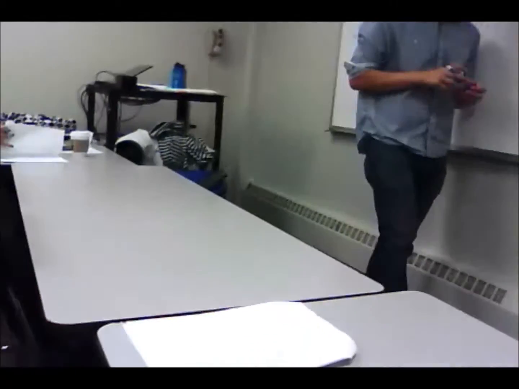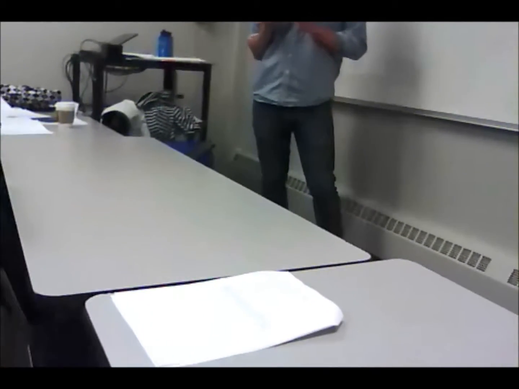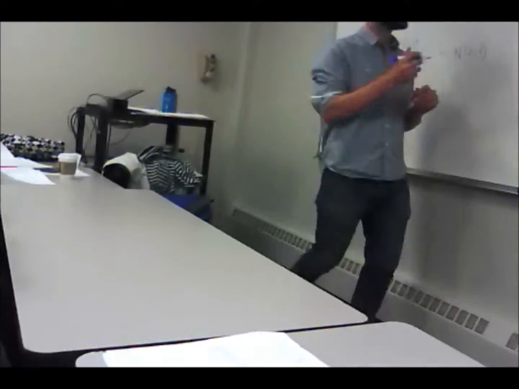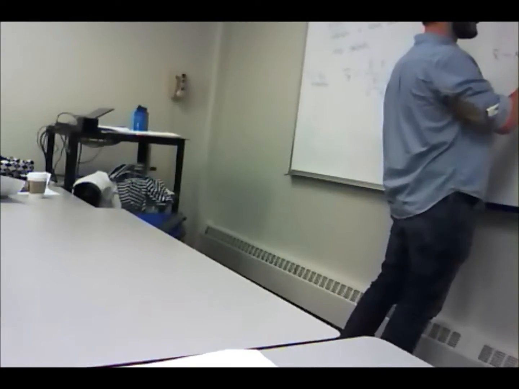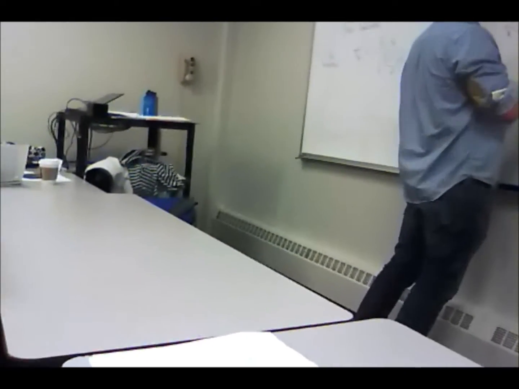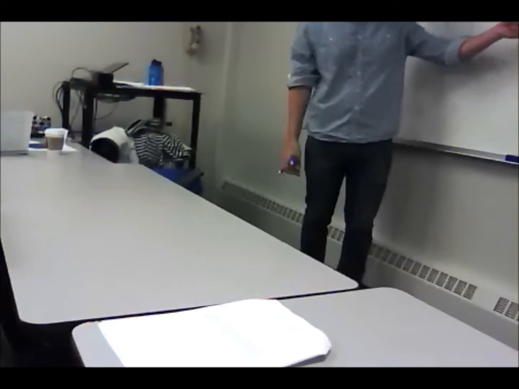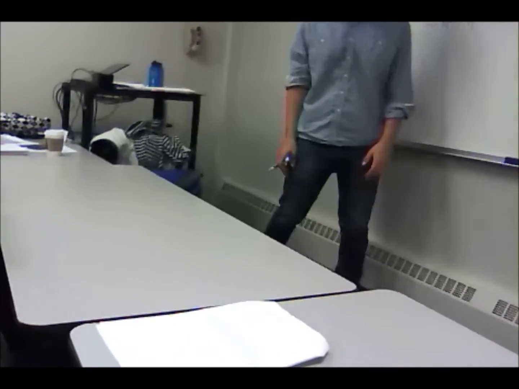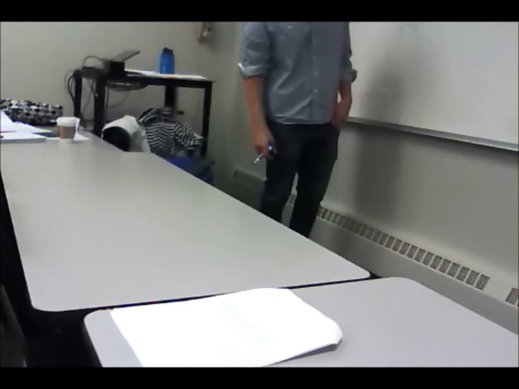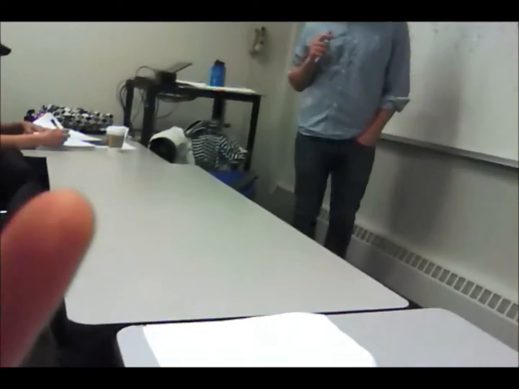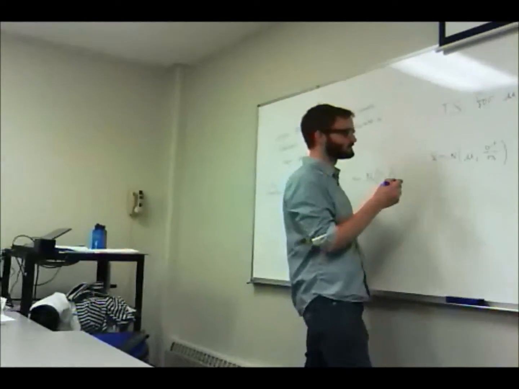So mu, and what's the variance? Sigma squared over n. So this is the variance. The standard deviation would be sigma over square root of n. So we saw this in 6.5, and it is the central limit theorem.